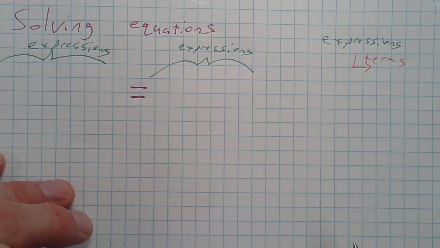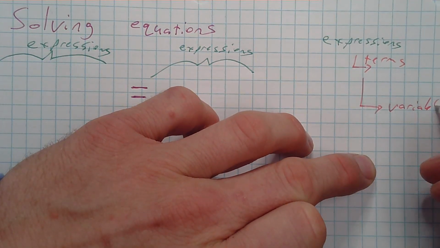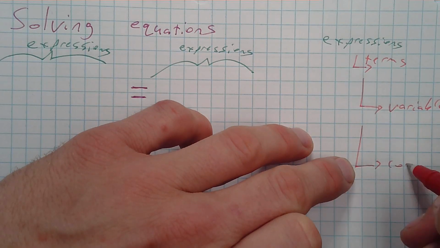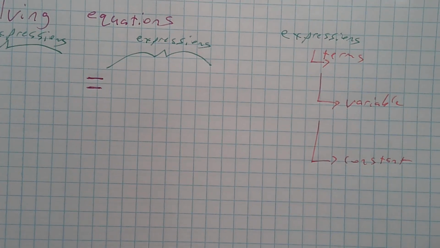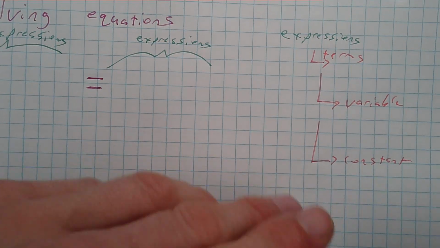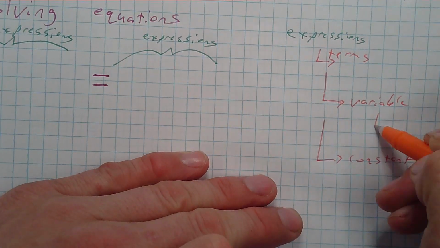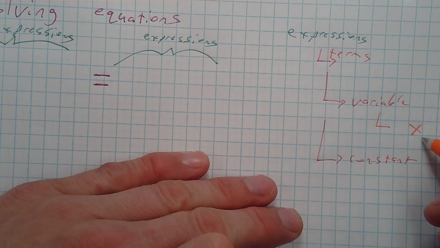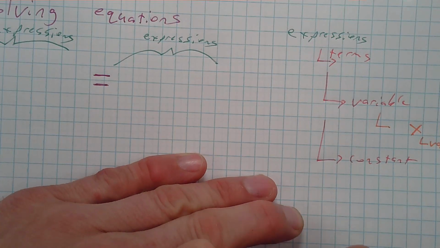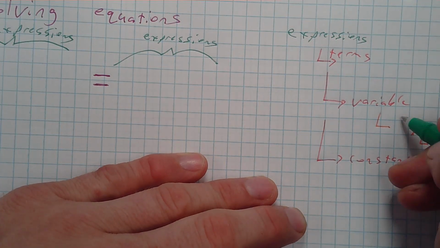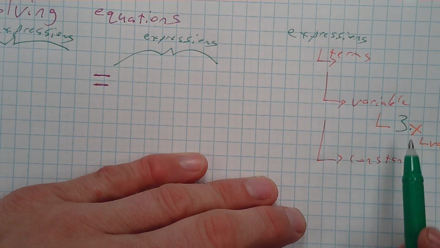And terms are comprised of variable terms and constant terms. Your variable term has the variable in it, like the letter x. Then it has a coefficient, like 3, and these are bonded together with multiplication.